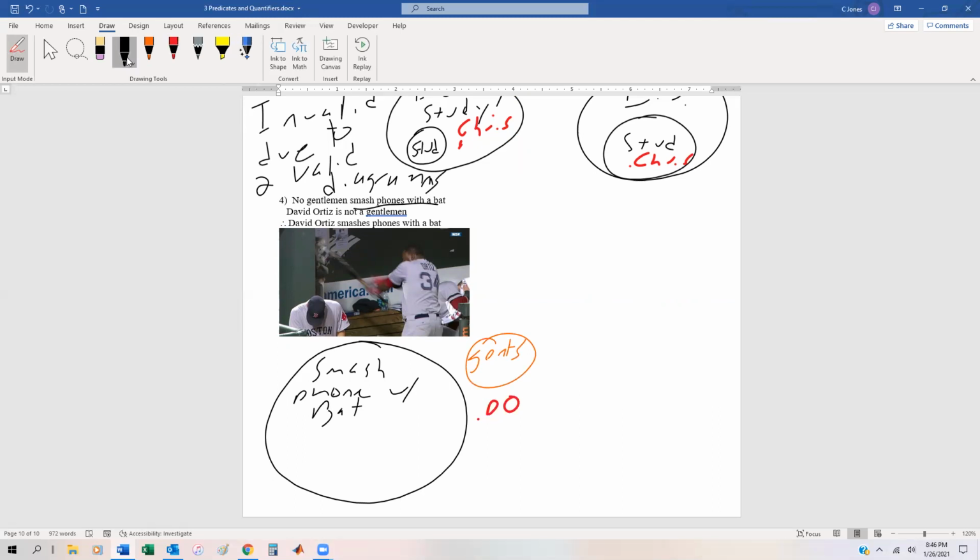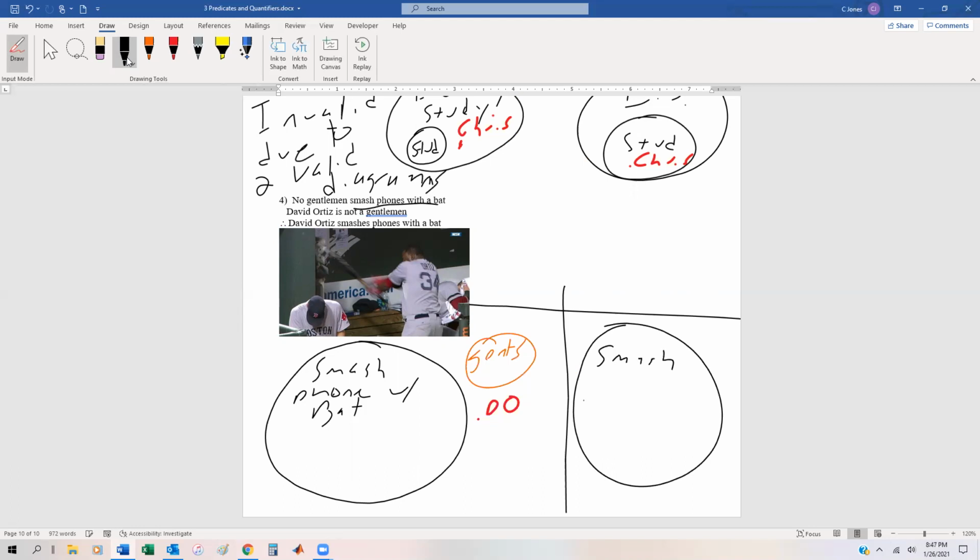But could it also be feasible that we have this group? So we have smash phone with a bat. And then over here we have our gentleman, which I'm just going to abbreviate G. But couldn't it also be true that David Ortiz could be in here? In fact, we could just see from the picture that he could be right there.